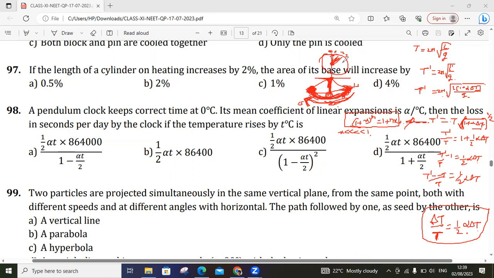So this clock is losing time, right? Suppose it is 5 o'clock in the evening, but what will it show?